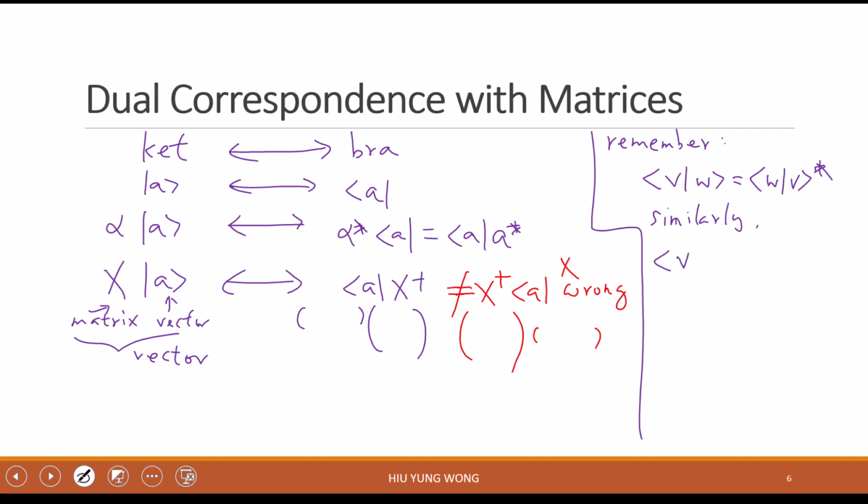How about we see if you understand what it means here? What does this mean? Just read from left to right: a bra, a vector, multiplied by a matrix, multiplied by a vector. This is legitimate.